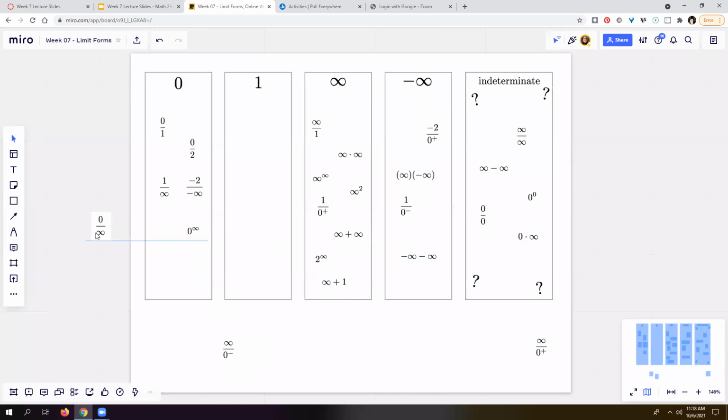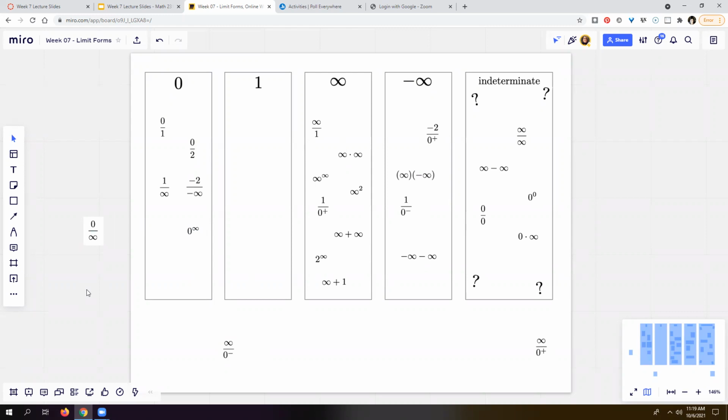How about this one? 0/∞. 0. It's like 0 times 1/∞. Let me write that so you can see what I'm talking about. 0/∞, you could think of as 1 over infinity times 0.